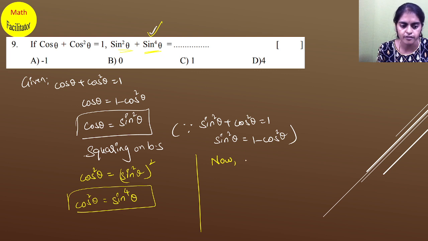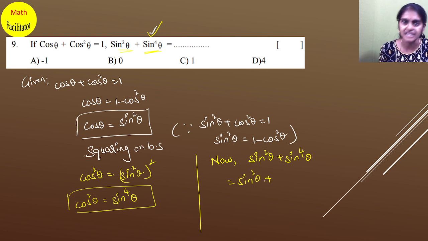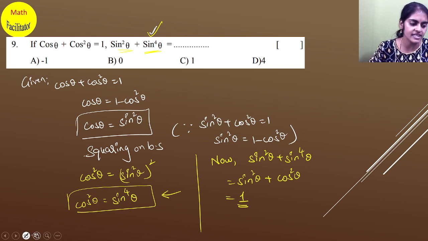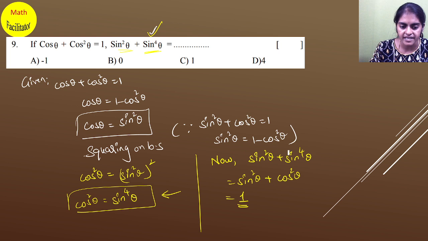Okay, so now I have to find sin square theta plus sin power 4 theta. So that is equal to sin square theta, I'll write as it is, plus sin power 4 theta is nothing but cos square theta, isn't it? And you know sin square theta plus cos square theta is 1. So what are we doing here basically? I have substituted sin power 4 theta value.